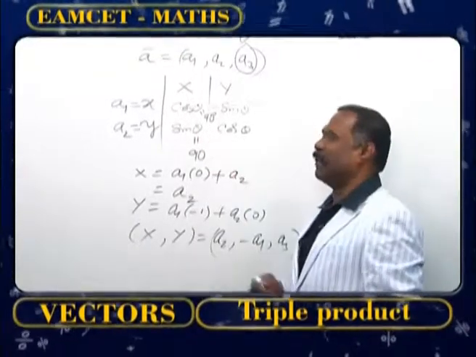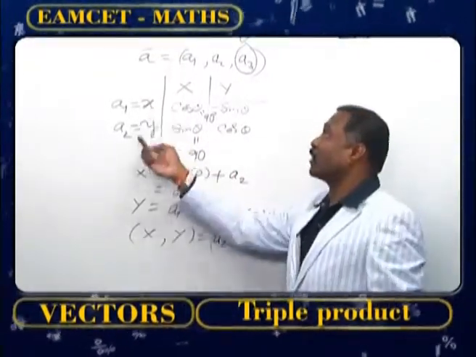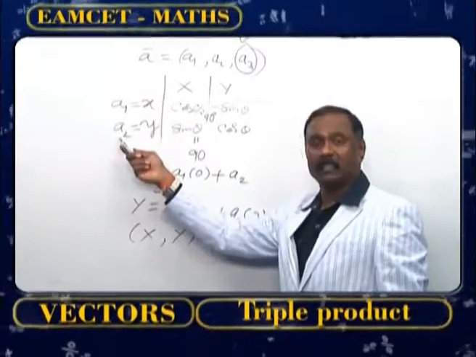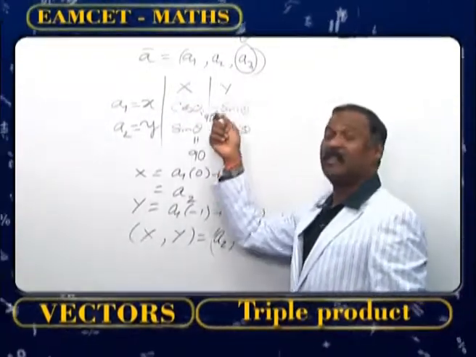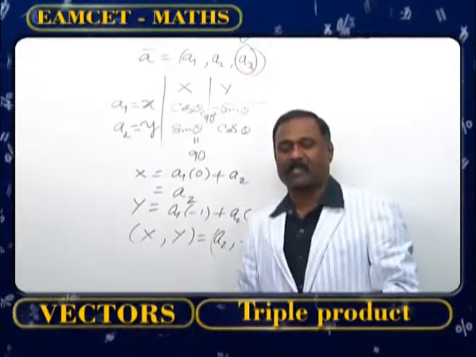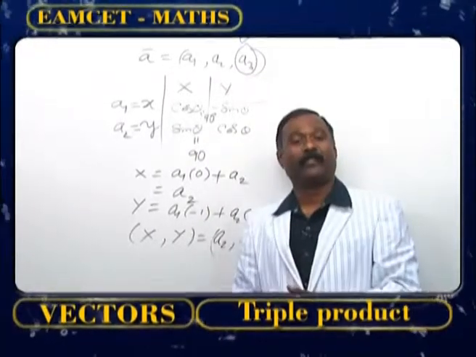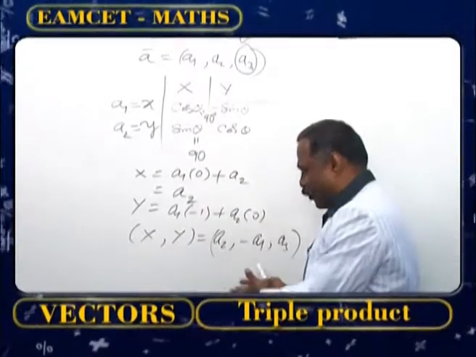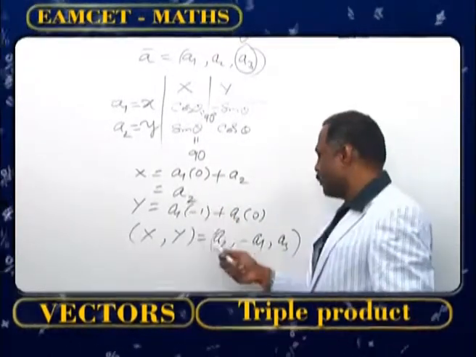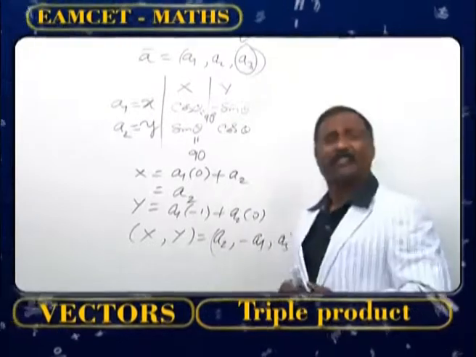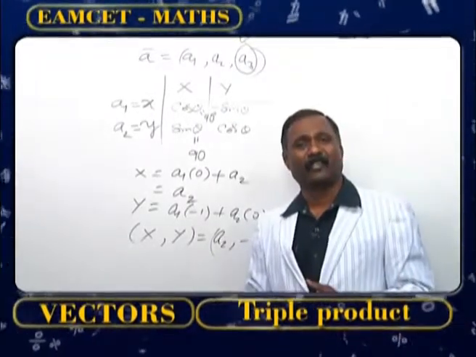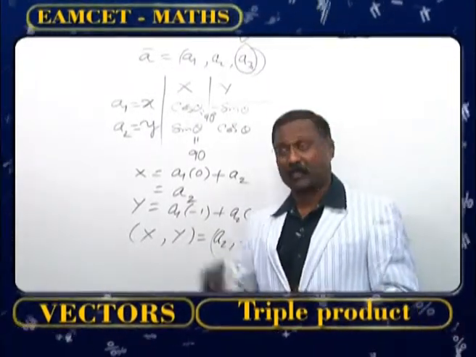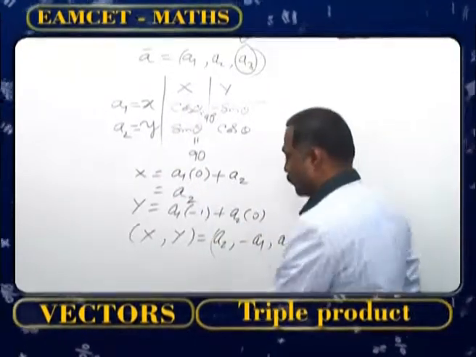The same formula is used here, with old coordinates A1, A2. I need the new coordinates, and the angle of rotation is given as pi by 2. So I replace theta with pi by 2, and the coordinates are A2, minus A1, and A3 remains as it is because the rotation has taken place about the z-axis. Go to the next problem now.